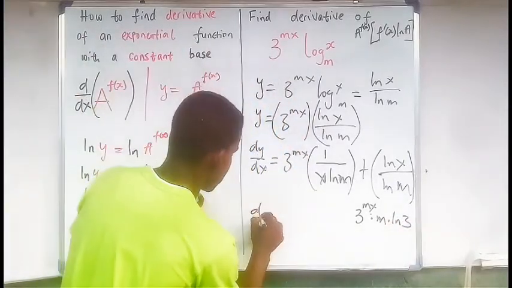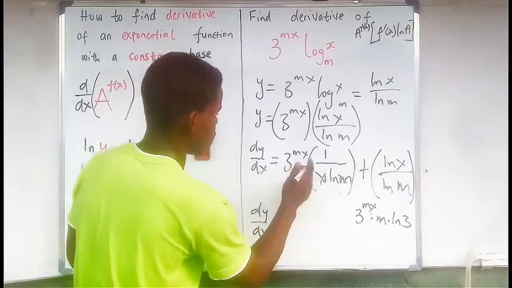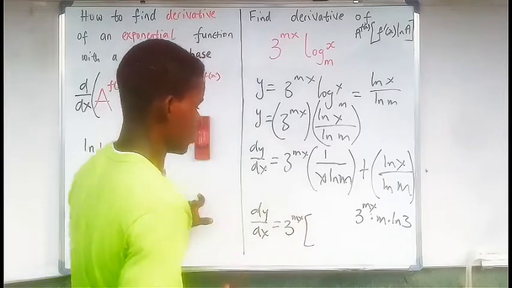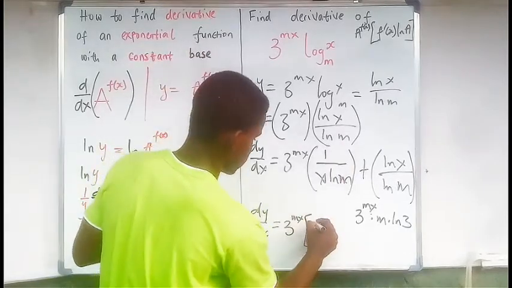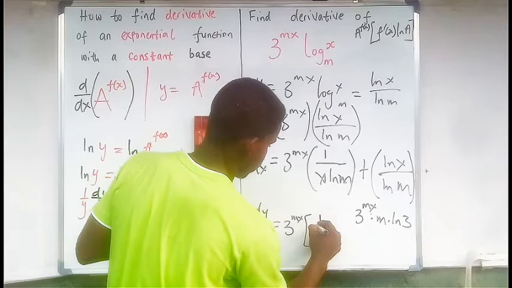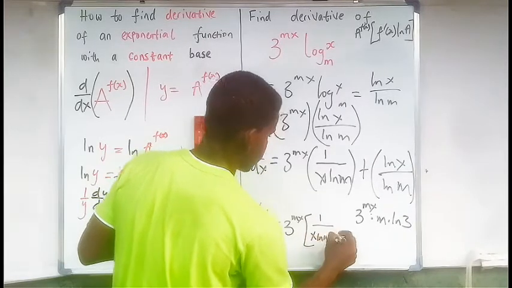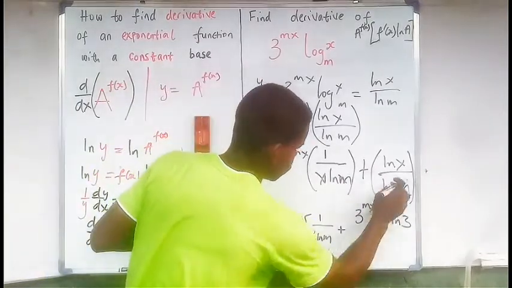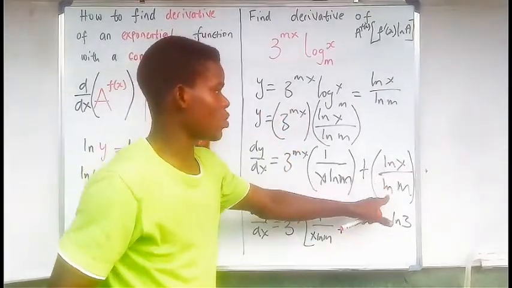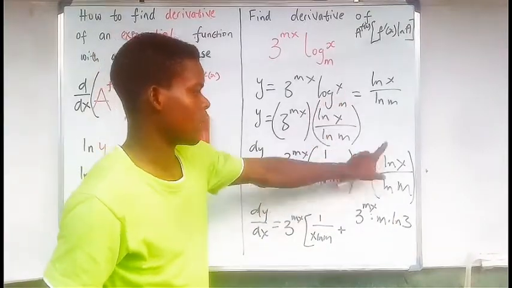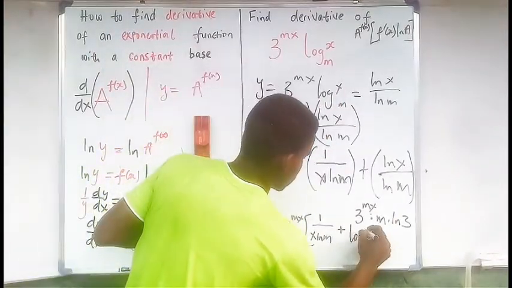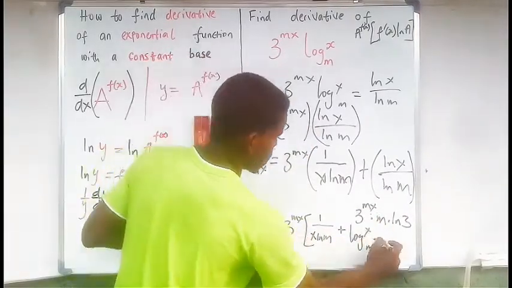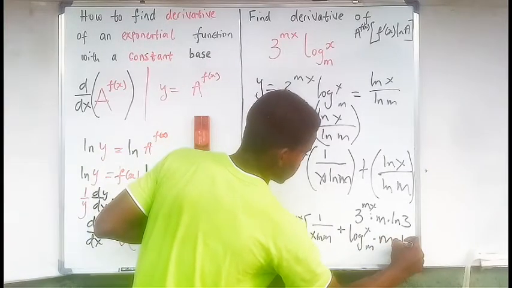Okay, so this dy/dx will now become 3 to the power mx, factorize that, times the inverse of this, that's just 1 over x ln m, plus this. We can still rewrite this back to where it came from. It came from log of x to base m, so this would become plus log x to base m times, I factorize this here, so times m times ln 3.